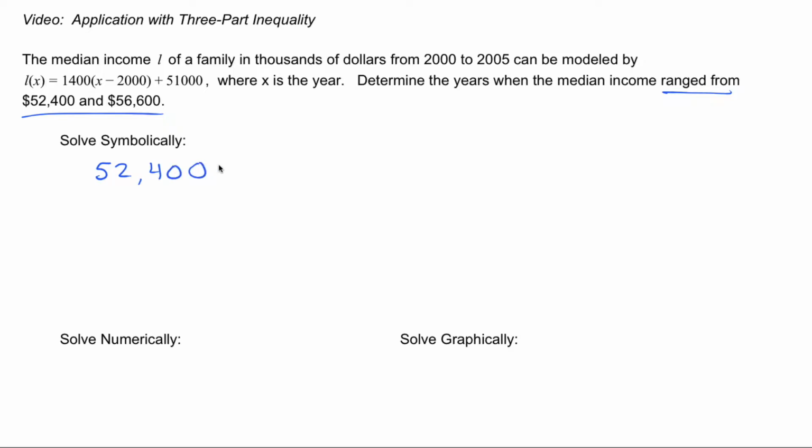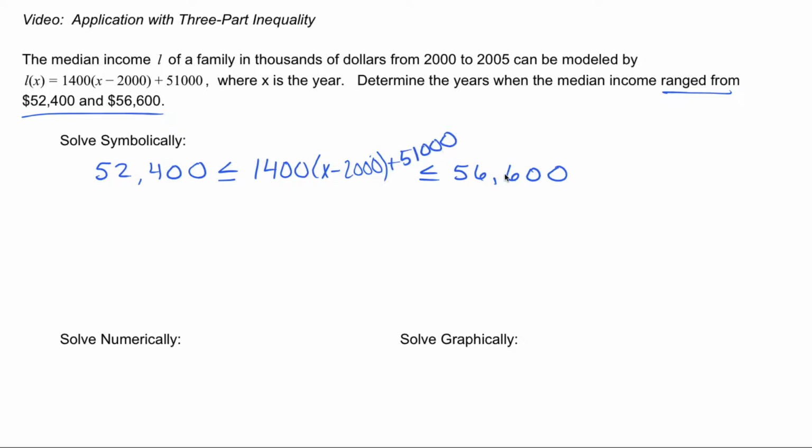the income to be between 52,400 and 56,600. So what's the income? Well, the income is modeled by 1,400 times x minus 2,000, plus 51,000.